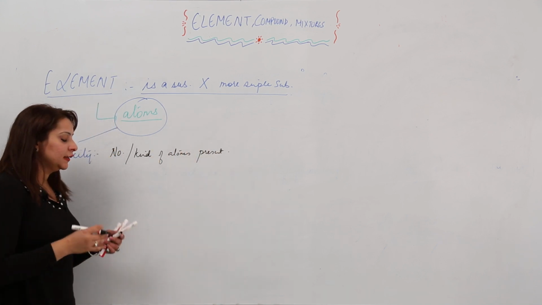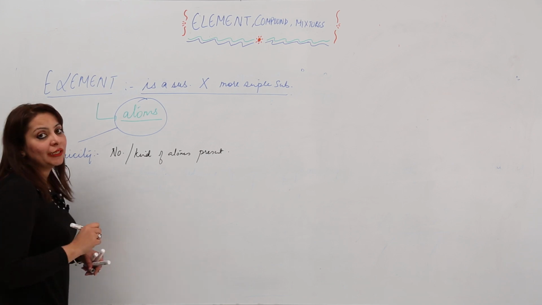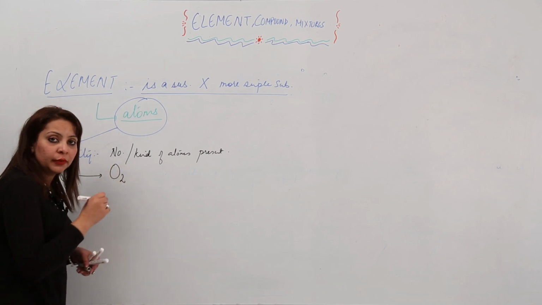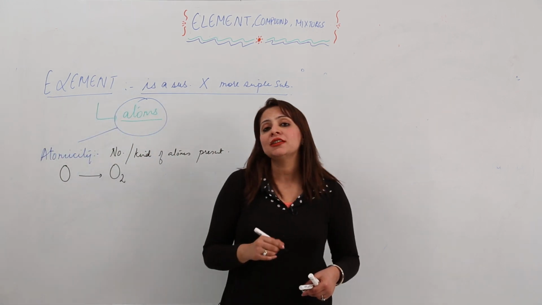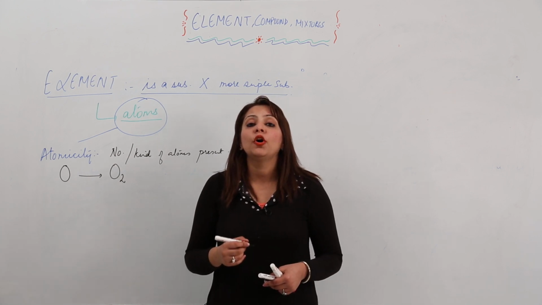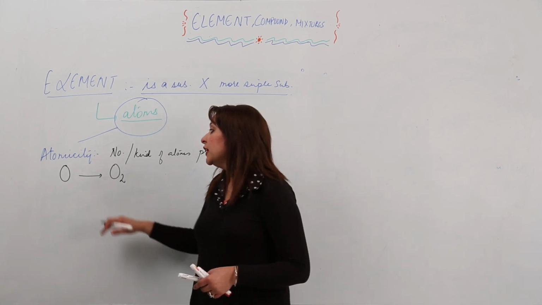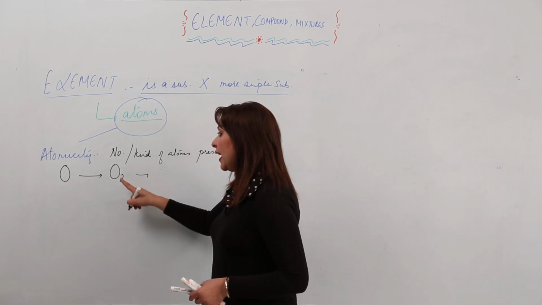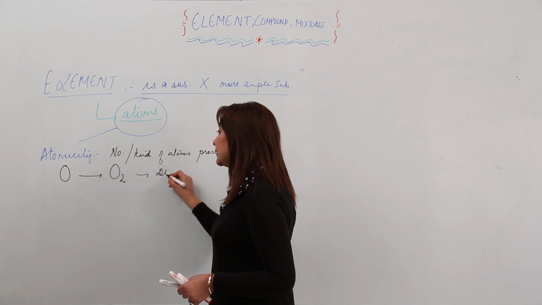If you take oxygen, it does not occur in nature as O, it occurs as O2, because at room temperature the stable state is the gaseous state, and in the gaseous state it is formed by the combination of two atoms which combine to form a molecule. So the atomicity of oxygen is 2. As it contains two atoms, it is diatomic.